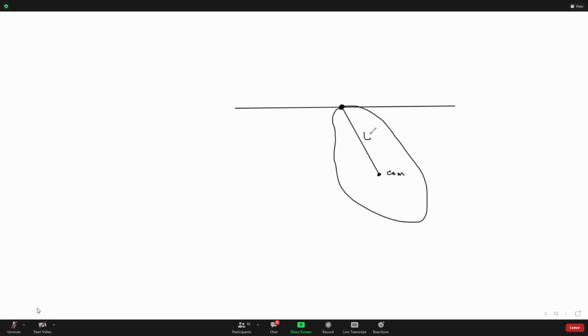Now, how can we analyze this? Well, the gravitational force acts at the center of mass. And that is mg sine theta, where m is the mass of the physical pendulum. That means that the torque is equal to minus mg times L sine theta.